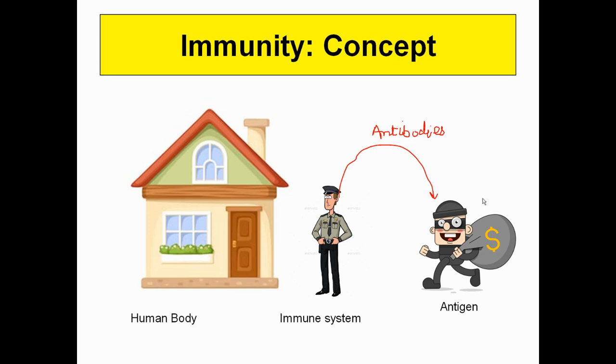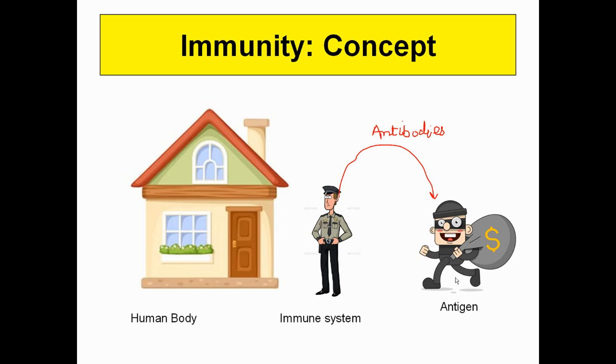So how is the guard going to protect the house from the robbers? In the analogy, we can say with the help of bullets or any type of defensive system he might be having. When we compare with the human body, these are actually antibodies. So the antigen is the robber, which can be any sort of pathogen, toxin, or pollen, which can cause an immune response.